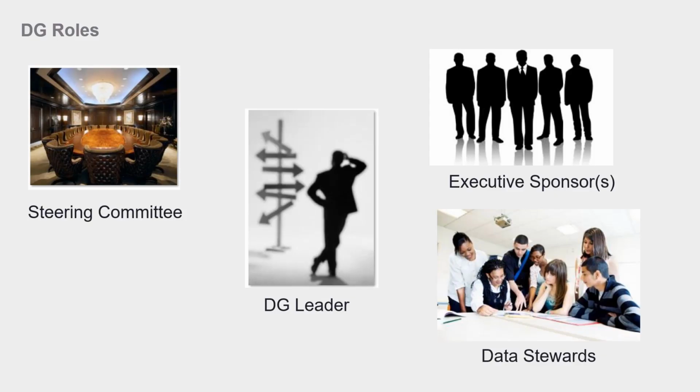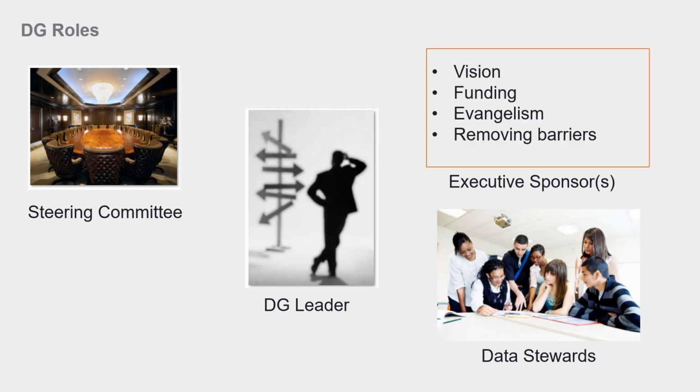So let's start with the basic roles and organization of a data governance initiative. At a minimum, you should make sure that you have the following four constituencies. First, executive sponsorship, then a steering committee, then a data governance leader, and then a team of data stewards. The executive sponsors are in charge of vision, funding, and spreading the good word out, which is a must for a sustainable governance model.